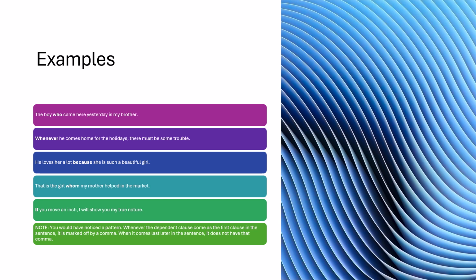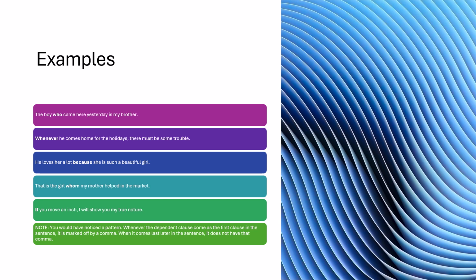He loves her a lot. He loves her a lot because she is such a beautiful girl. This is the girl whom my mother helped in the market. If you move an inch, I will show you my true nature. Note, you would have noticed a pattern. Whenever the dependent clause comes as the first clause in the sentence, it is marked off by a comma. When it comes last in the sentence, it does not have that comma.